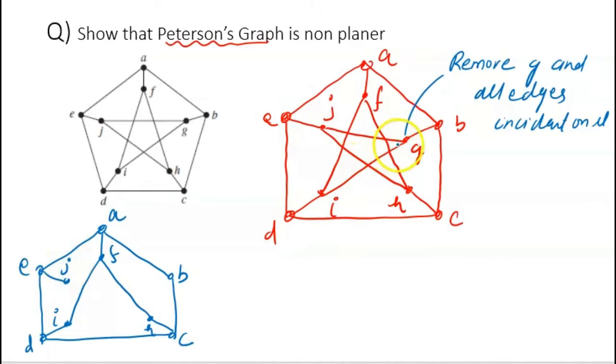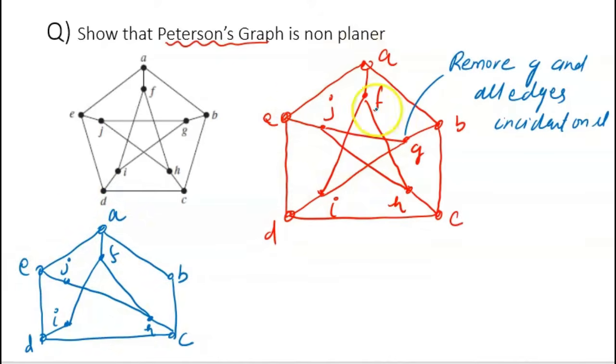Now since G has been removed, the GI edge has been removed, the GJ edge has been removed. So how many edges should it have? I think the JH edge will be present, so this edge I need to join. So now we have 1, 2, 3, 4. It is better to look at the problem this way.